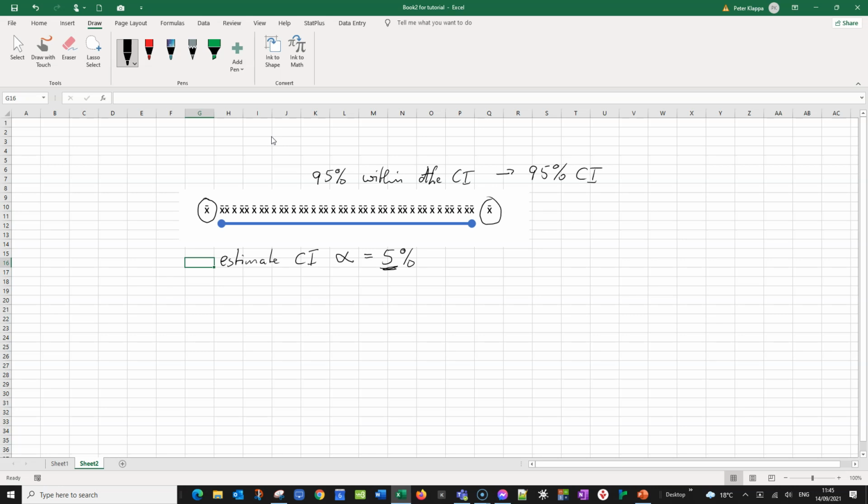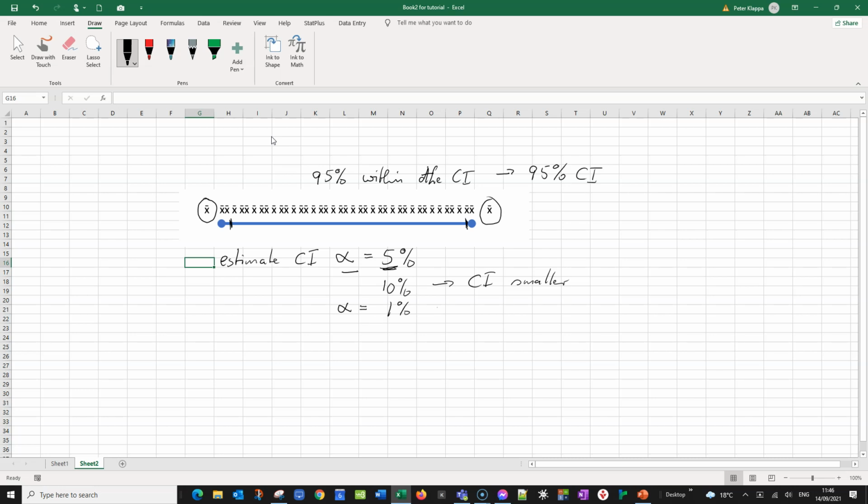We don't have to set it to 5%. We can set it to, say, 10%. If it was 10%, then the confidence interval would be smaller, perhaps somewhere between here and here, because then 10% of the samples would be outside when we set alpha to that level. We can set alpha to 1%, and very often it's done like that.